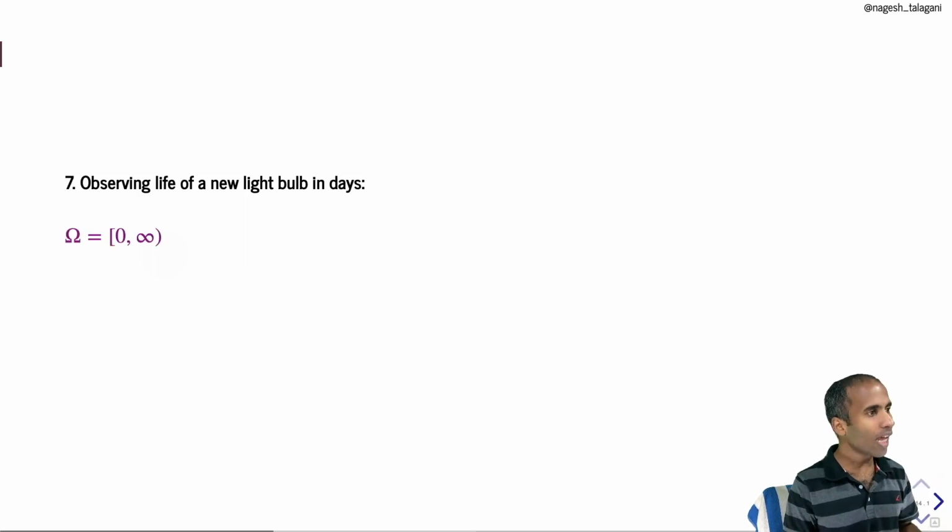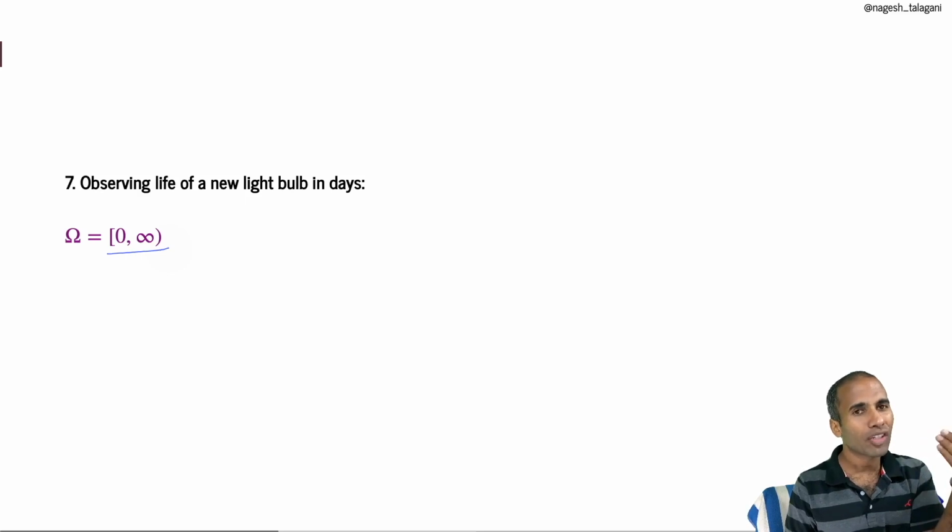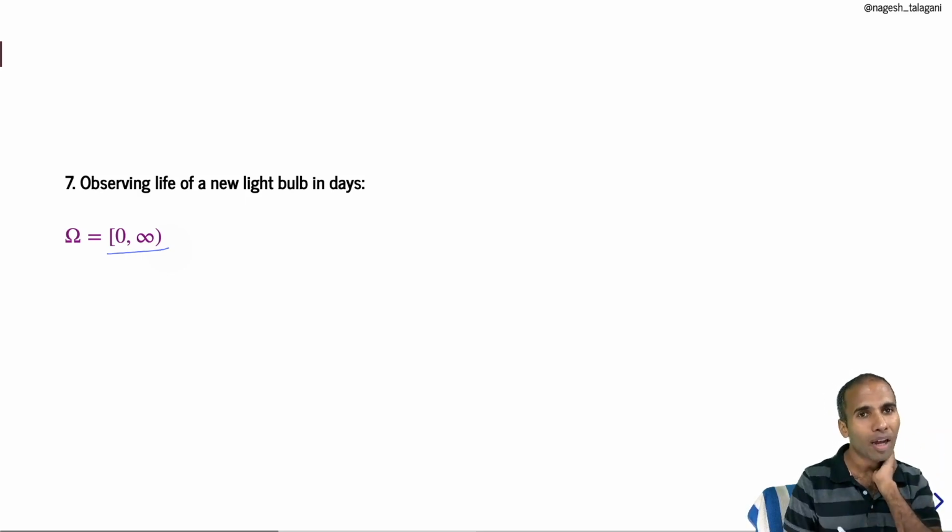So the sample space is going to be the closed interval 0 to infinity, an infinite interval starting from 0, including 0, because it may not function at all, and it may last any number of days. So that's why we have taken the closed interval 0 to infinity.